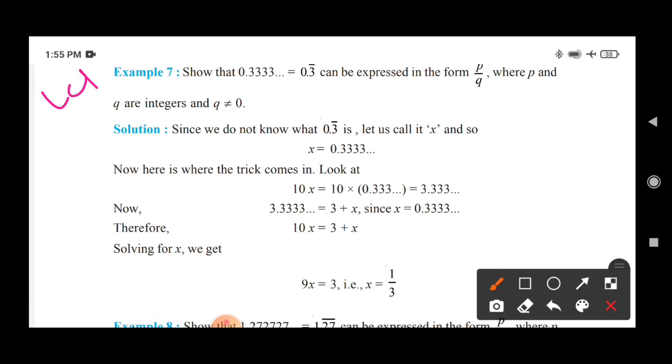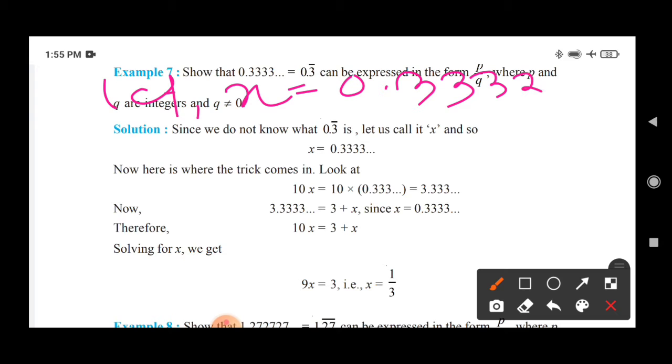Let x is equal to 0.3333... You can see in the question that the bar stands on only one digit, so you have to multiply both sides by 10.